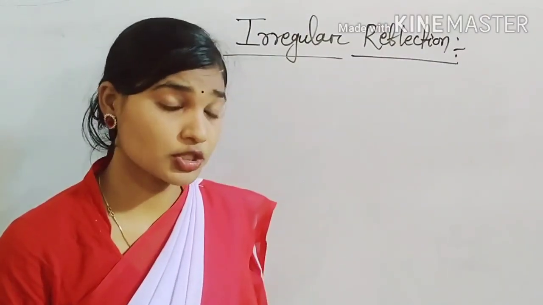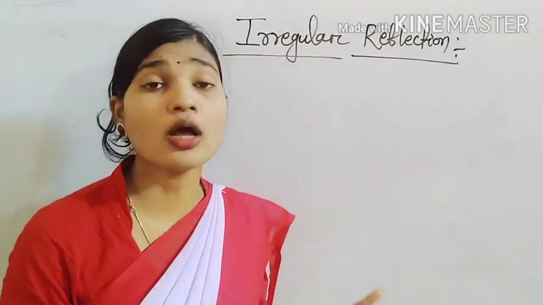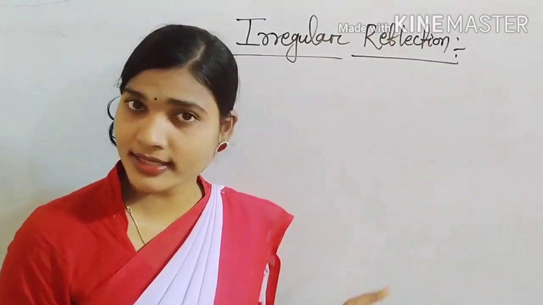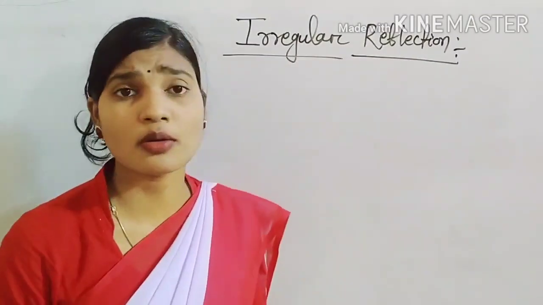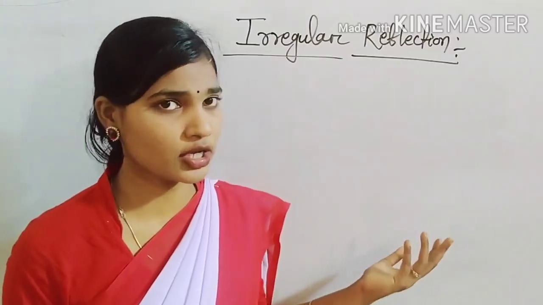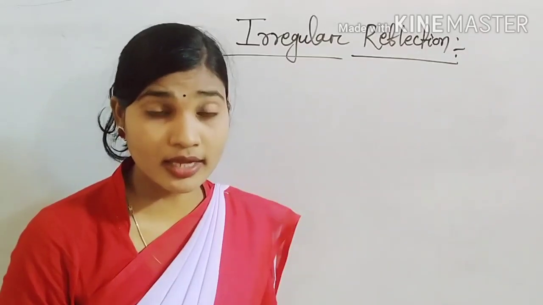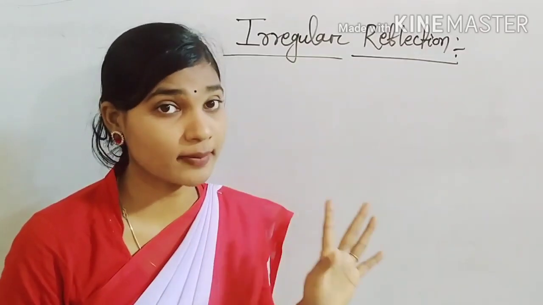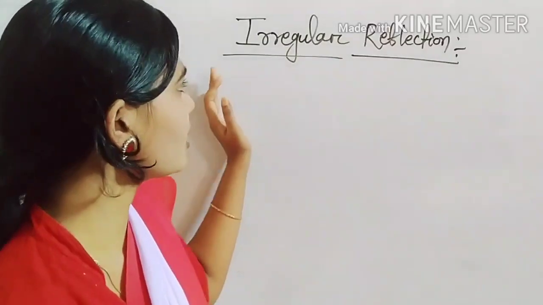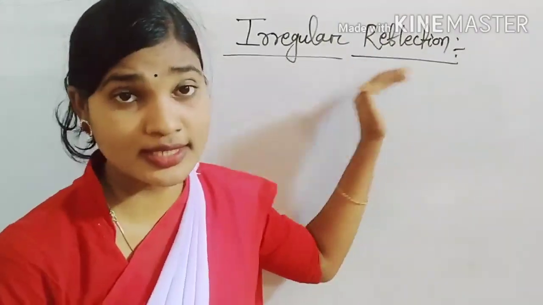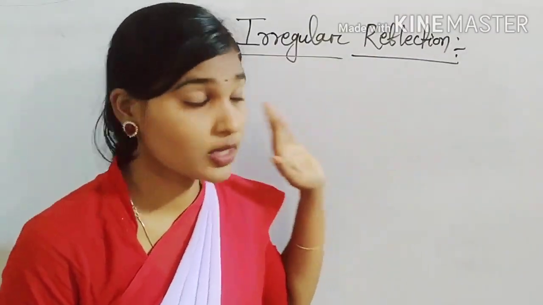As a result, the reflected light falls over a large area and the image formed is not sharp and clear. This type of reflection is known as irregular or diffuse reflection. So, another name of irregular reflection is diffuse reflection.